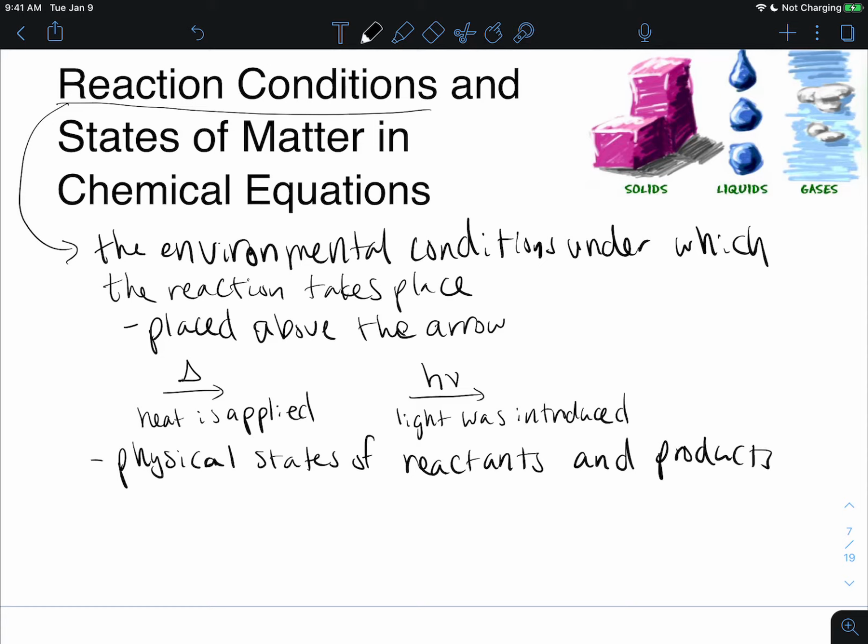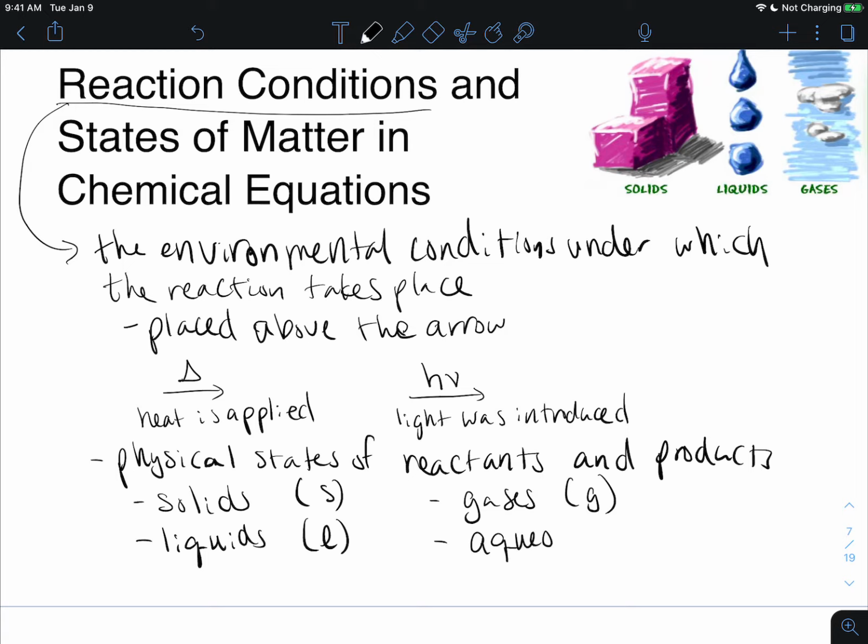So these are going to include solids, which is going to be shown as an S in parentheses, liquids, shown as an L in parentheses, gases, shown as a G in parentheses, and aqueous, which means dissolved in water, shown as an AQ. And they'll be shown by whatever molecule or compound that they're describing the state of.